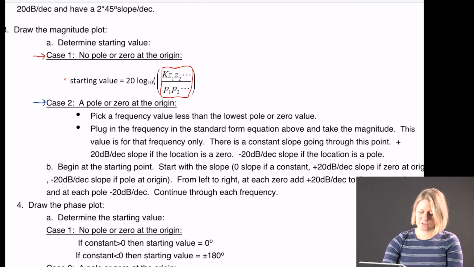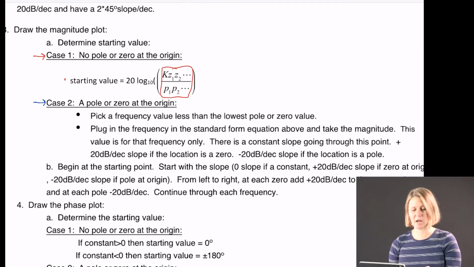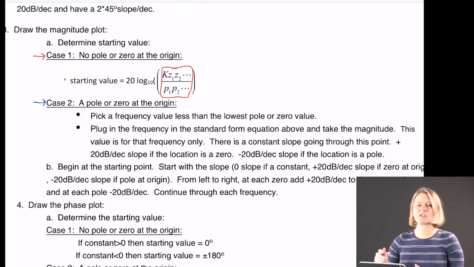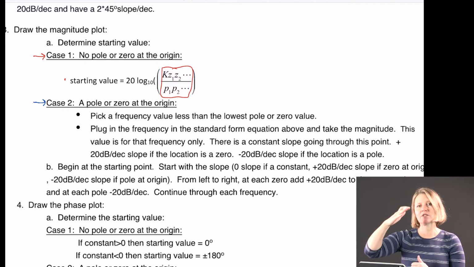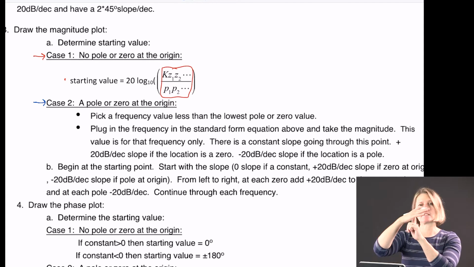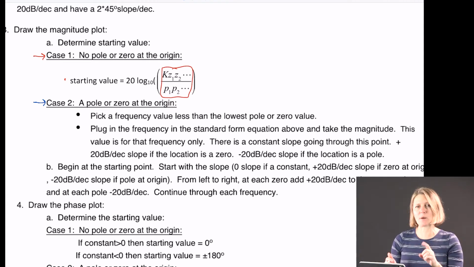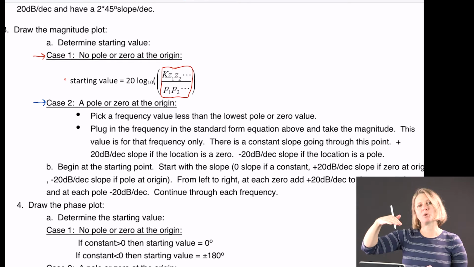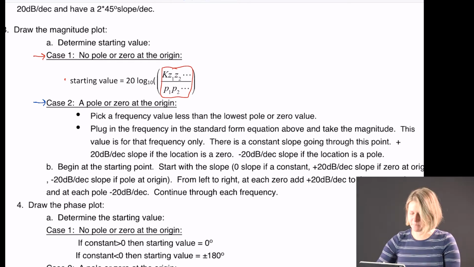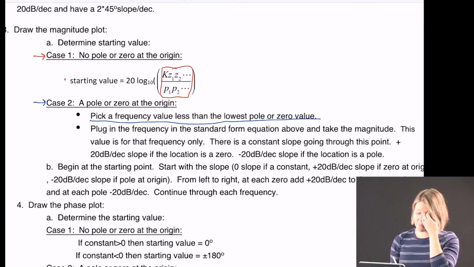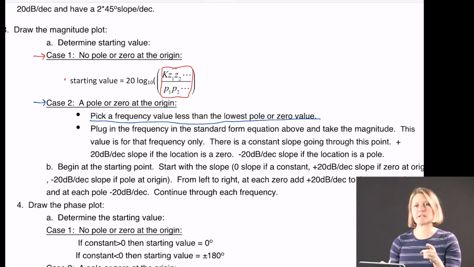The other case, a totally separate case, is when you have a pole or zero at the origin. In that case, when you take the magnitude, the equation starts out with a starting slope. So you have to figure out where it intersects on your graph. We need to find that one point, and depending on whether it's a pole or zero, we know the slope of that line. We pick a frequency less than the lowest pole or zero value, take the magnitude of the equation, and plug in omega at that value.